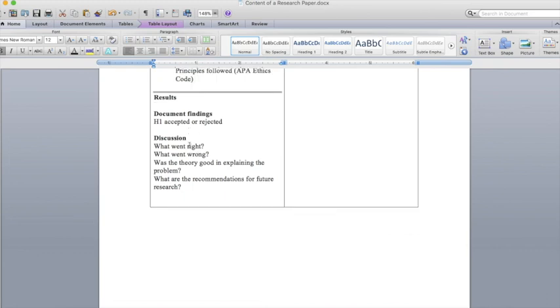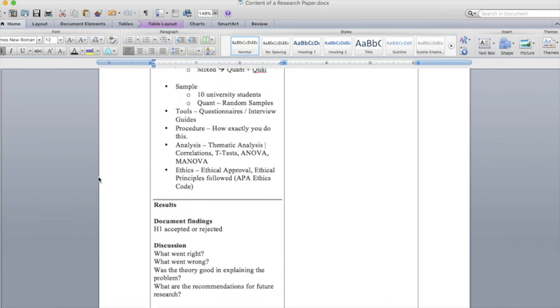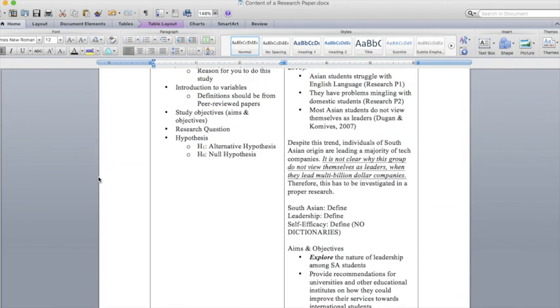So this is it. This is the anatomy of a research paper.